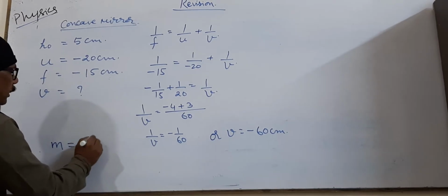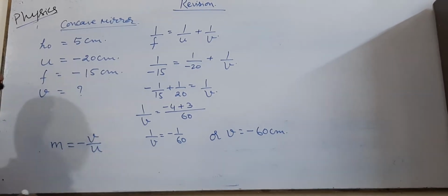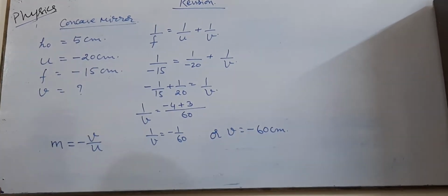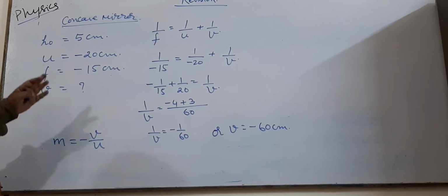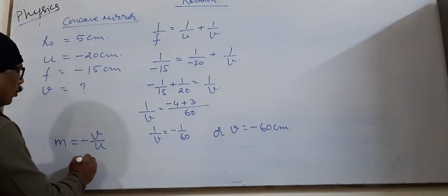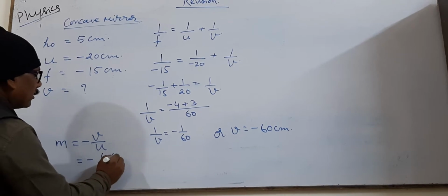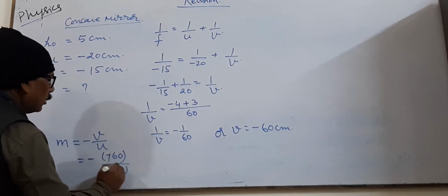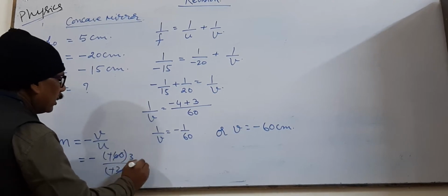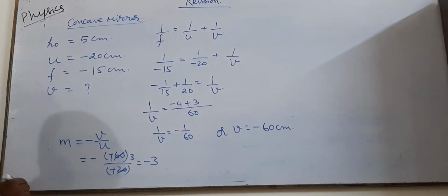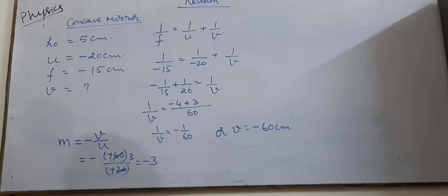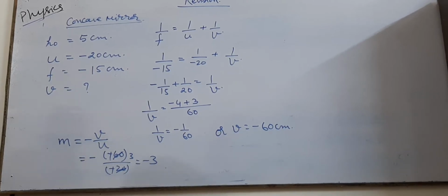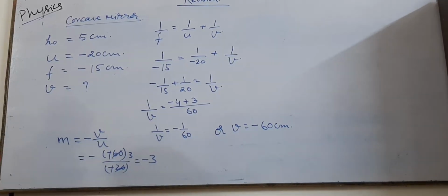M equal to minus V by U. This is the formula of magnification. You have the value minus 60 upon minus 20, that is minus 3. Magnification is minus 3, means image is real and inverted.